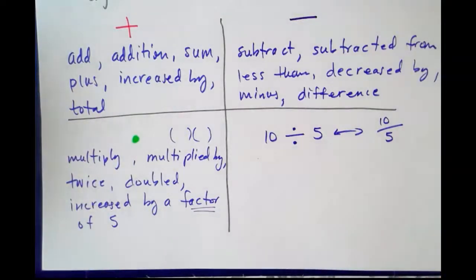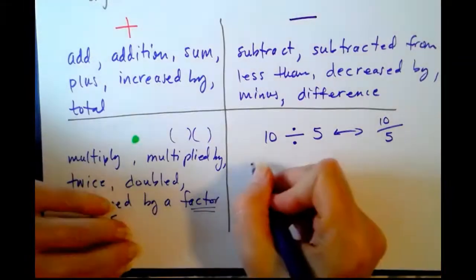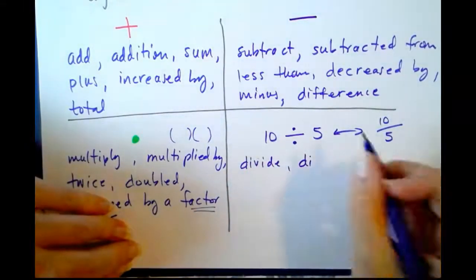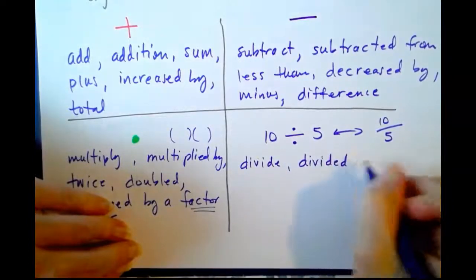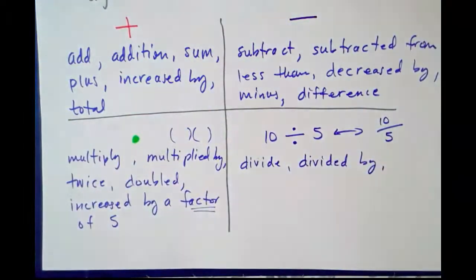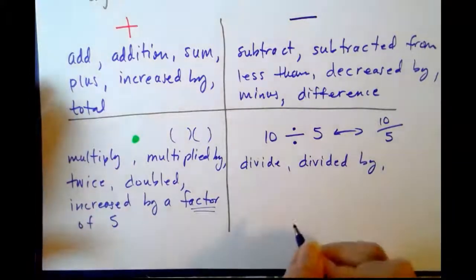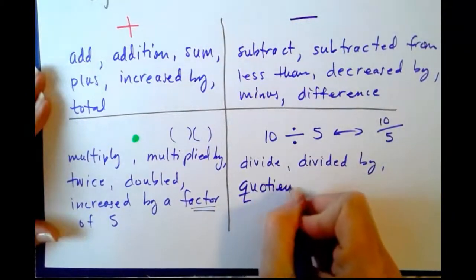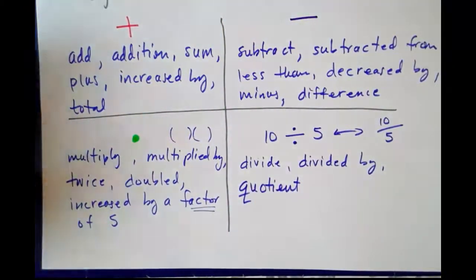But what are some words that you're going to see? Well, obviously, divide or divided by. How about, obviously, quotient. A quotient is what you get when you divide two numbers.